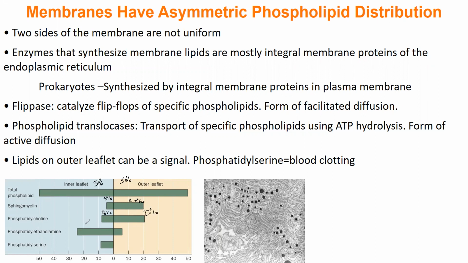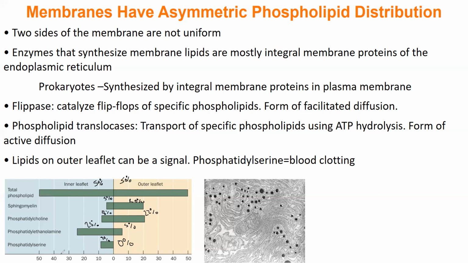Phosphatidylethanolamine, 25% on the inside, maybe like 5% on the outside. Phosphatidylserine, let's say like 9%, 0%. So I don't know if you remember from Friday, but I had a question of phosphatidylserine.